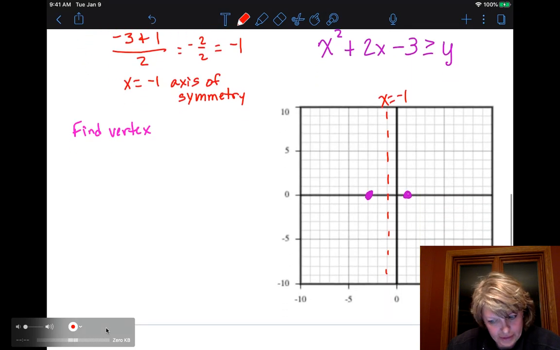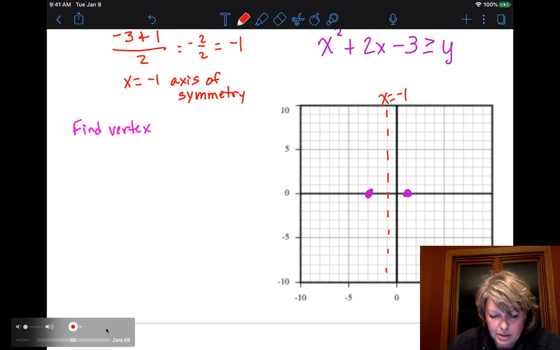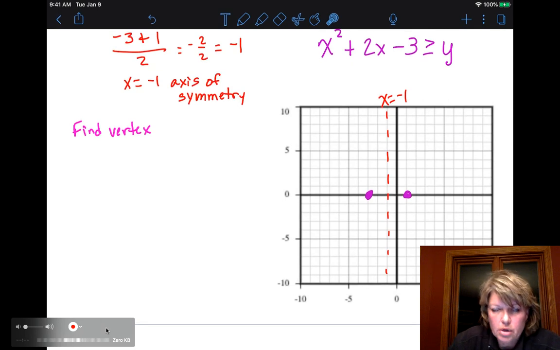Now, why do we find that axis of symmetry again? Because our vertex has to fall right on that line of symmetry. Our vertex goes right down the middle. Now, it might be up here, making the parabola open down, or it could be down here somewhere, making that parabola open up. We don't know. We need to find the y coordinate that goes with that x coordinate of x equals negative 1.